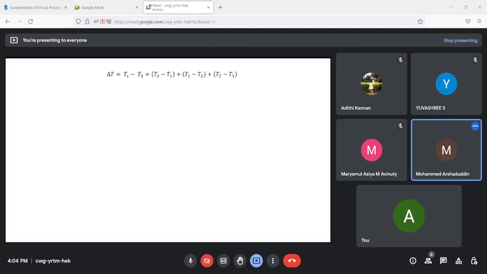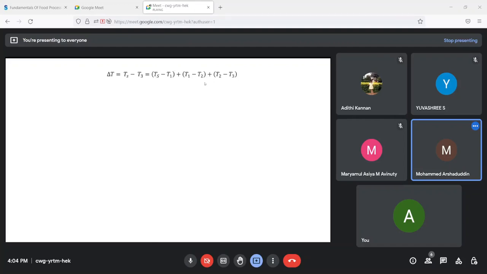If you look at the total delta T in the entire process, all three effects included, that will be your Ts, the temperature of the inlet steam in the first effect, minus the boiling point in the last effect. We actually calculate this by calculating the delta T at each and every effect. So delta T is equal to delta T1 plus delta T2 plus delta T3. In the first effect, delta T1 is equal to Ts minus T1, that is the inlet steam minus the temperature at that effect.